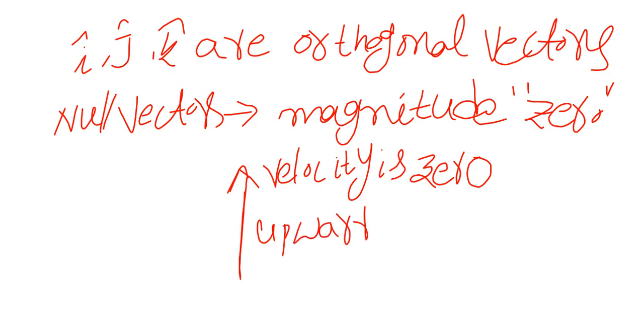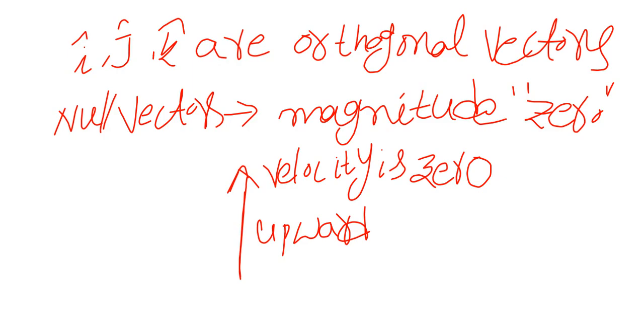This is a null vector. Now we have discussed orthogonal vectors, null vectors and unit vectors. A unit vector is a vector whose magnitude is 1. A null vector is a vector whose magnitude is 0.